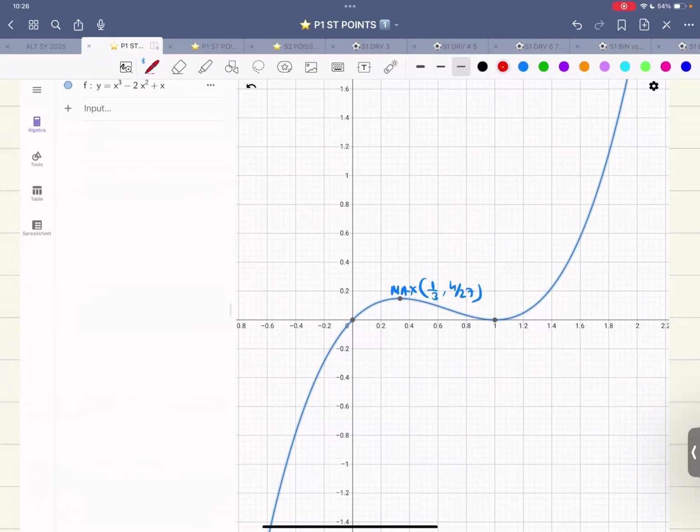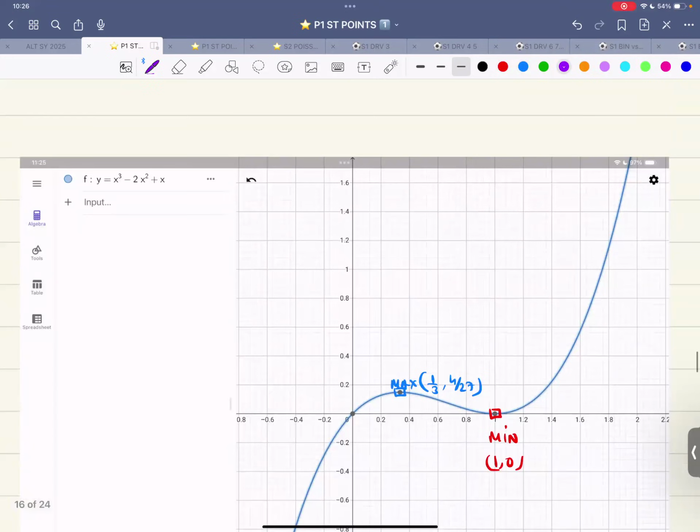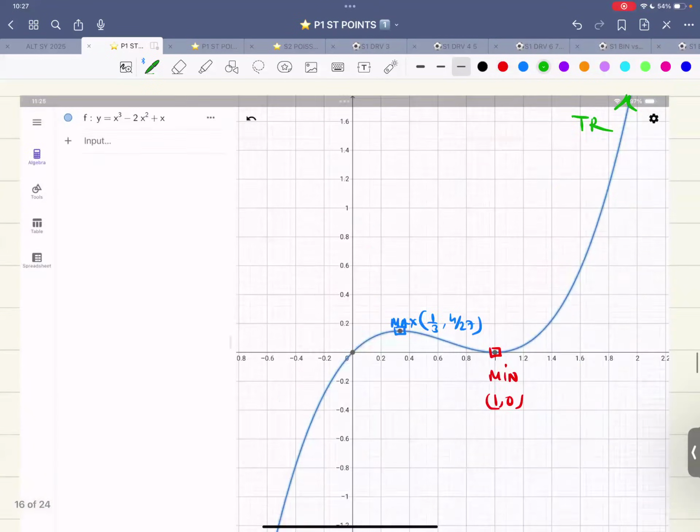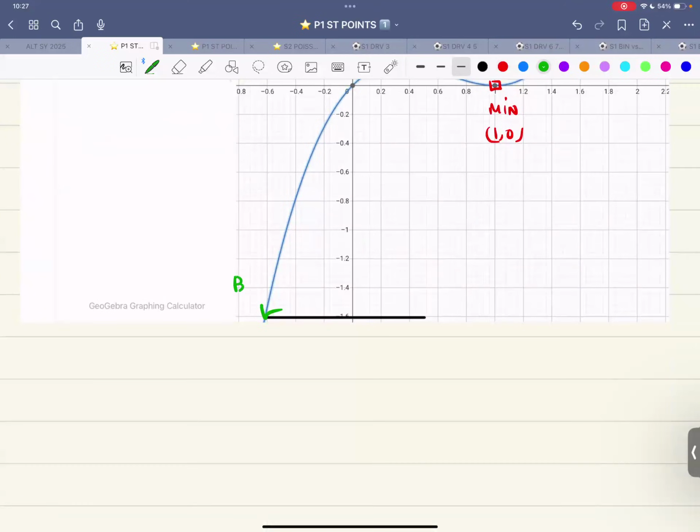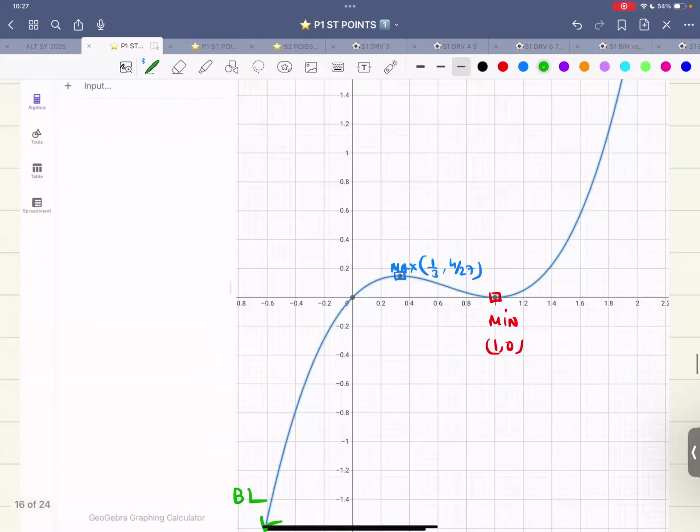And this red one, that is the minimum point. That is 1, 0. And this is the blue one that's right over here. And it's starting from top right, going till bottom left. And that's how the curve is drawn.